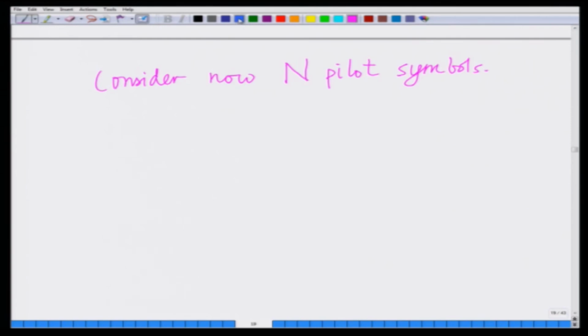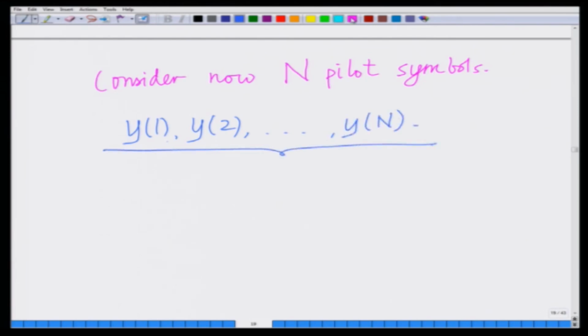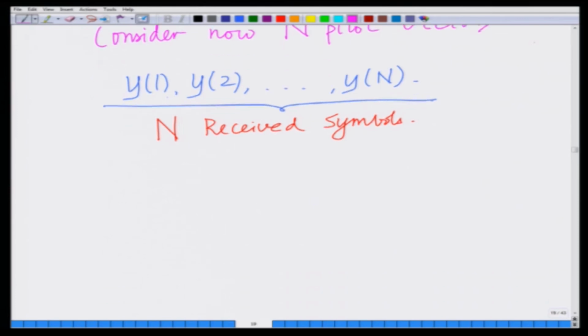Therefore, I have n observed symbols y1, y2, up to yn. These are your n received symbols. In fact, I should say consider n pilot vectors, because at each time instant we are transmitting a vector from the m antennas.